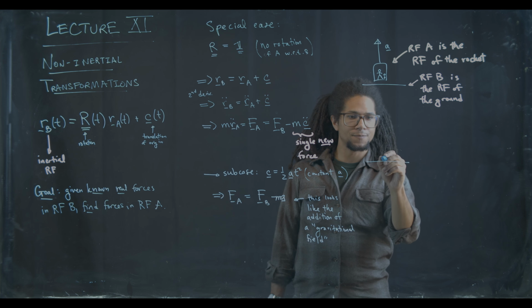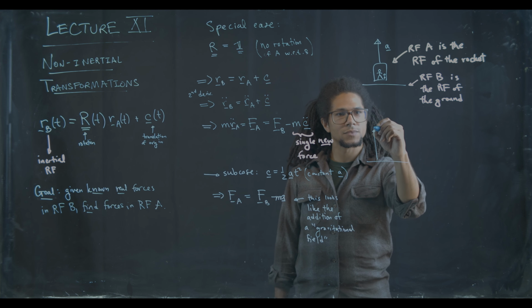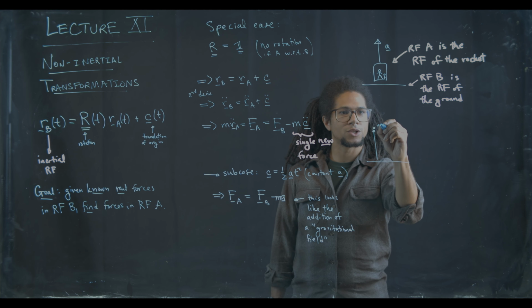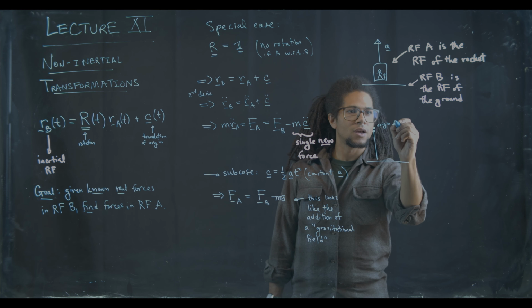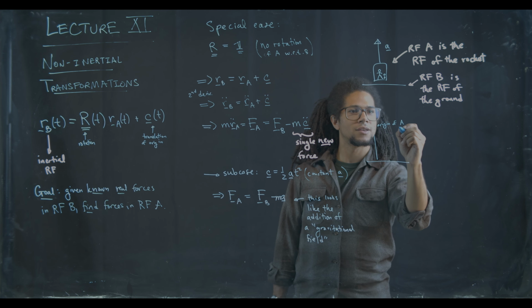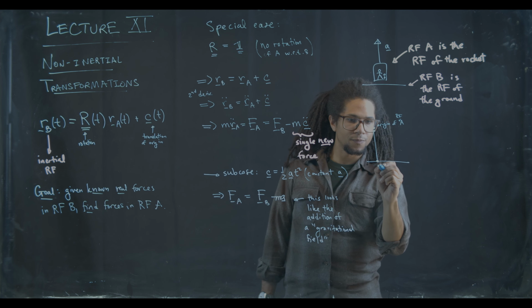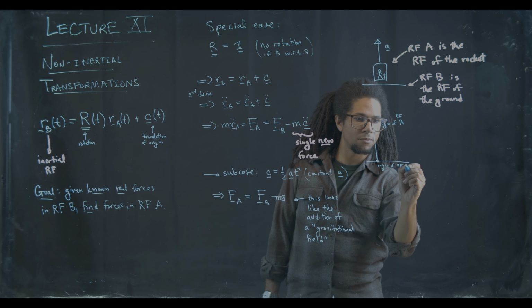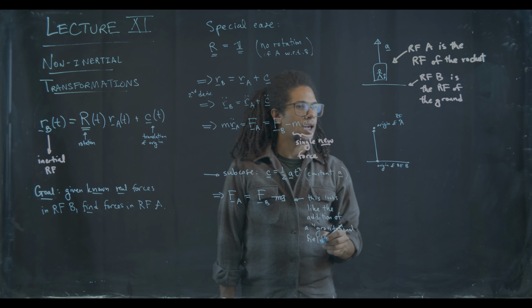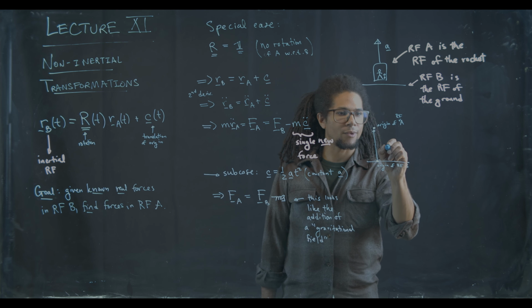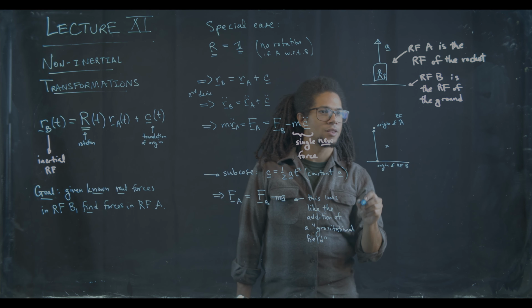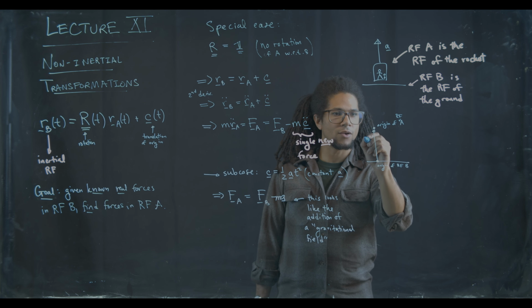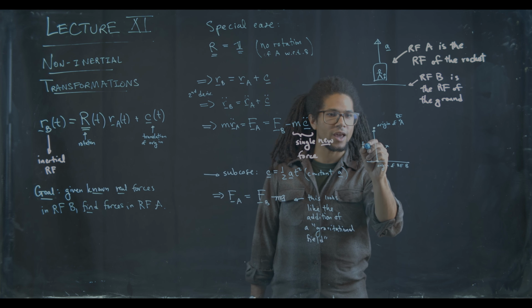After a time t, here's the origin of reference frame A. Here's the origin of reference frame B. And so if I have some point, let's say right here, then this length here is 1/2 a t squared.